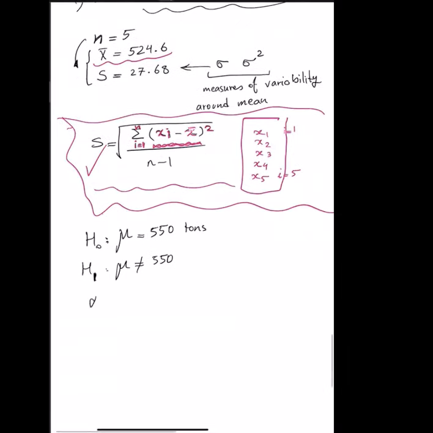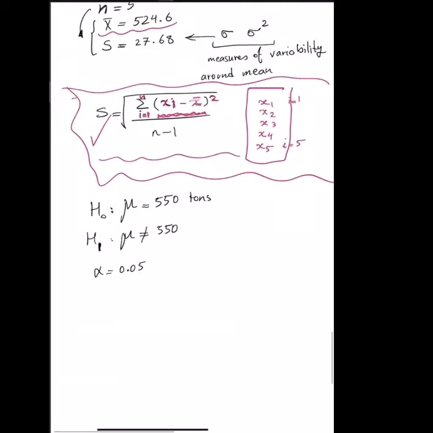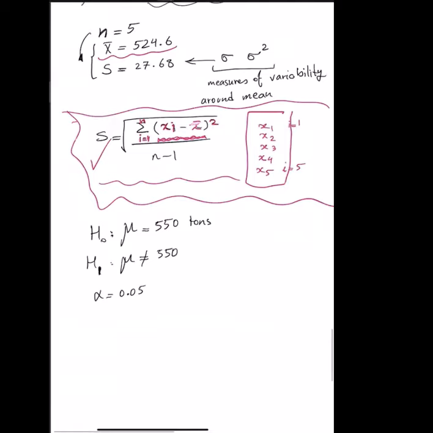Our significance level is 0.05. Okay? So that's what we want to test in part A. So how are we going to do this?